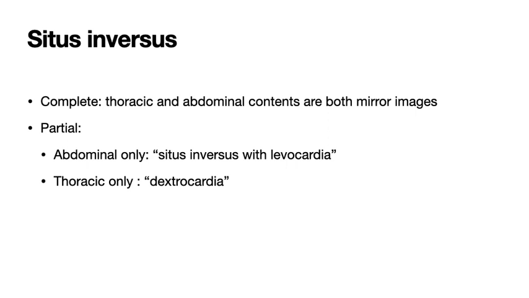That tells you the chest is in the right place, the abdomen's not. And if it's thoracic only and everything in the abdomen is normal, typically the term is dextrocardia. So sometimes you'll encounter a patient who says, oh yeah, my heart is on the right side, and you're thinking, I bet the stomach's on the wrong side too. And actually, no, it might not be. It could just be the chest contents.